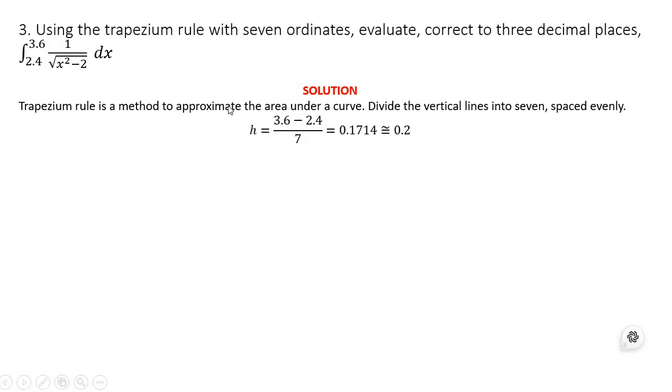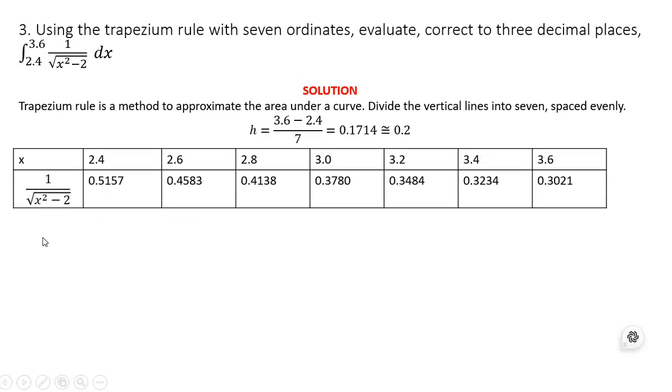Here I have my 7 ordinates. Remember, you must start from 2.4 and end in 3.6. In between, we'll be adding 0.2 to get the other ordinates.